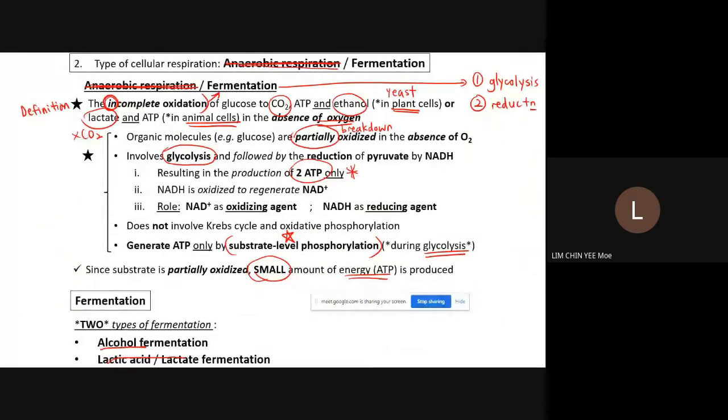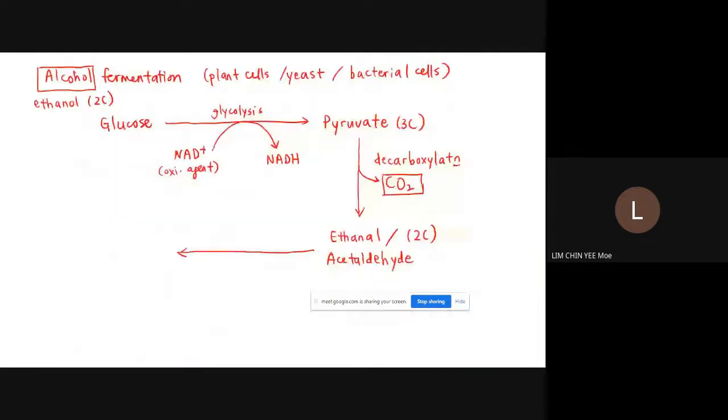Okay, so tadi Miss ada bagi tahu fermentation is all about glycolysis and reduction. So tadi kita dah cakap pasal glycolysis. So the next part, it must be reduction. Now, reduction, dia mesti perlukan reducing agent.